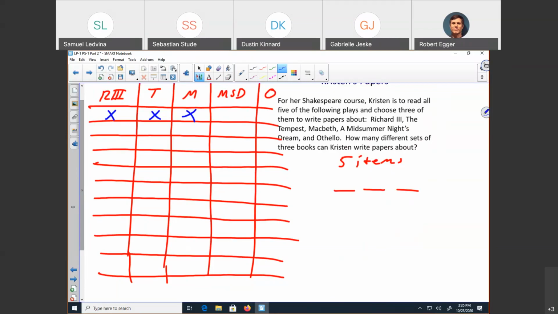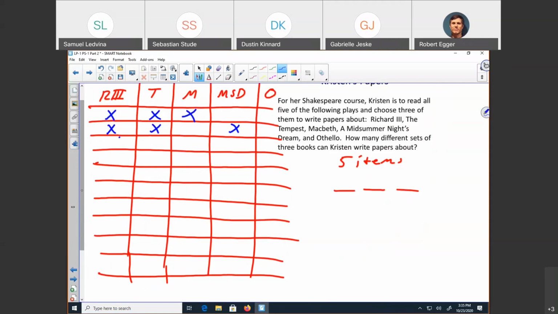So what we can do is, again, do some freezing. I have more room to the left, so I'm going to freeze Richard III and the Tempest. My third book combination could be Midsummer Night's Dream. Okay.